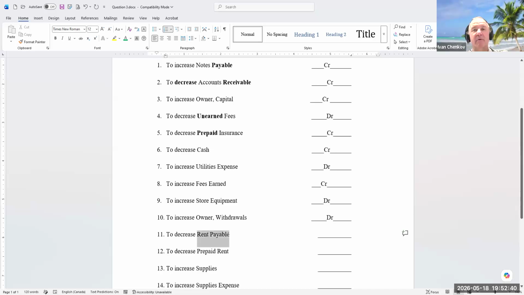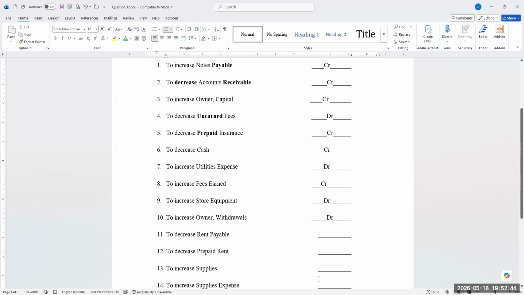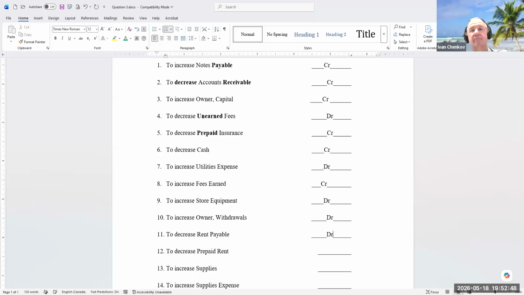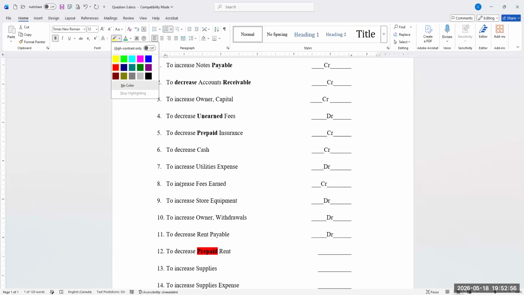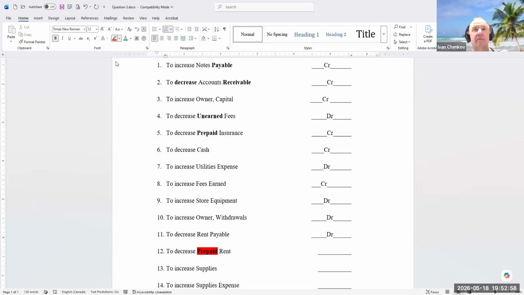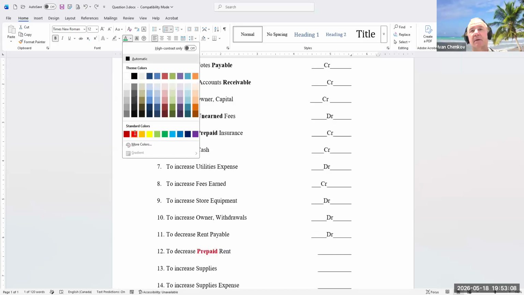Rent payable. Liability. So I want to decrease it, debit. Prepaid rent. Credit. Correct. Let's get rid of this red here and just highlight the text red.